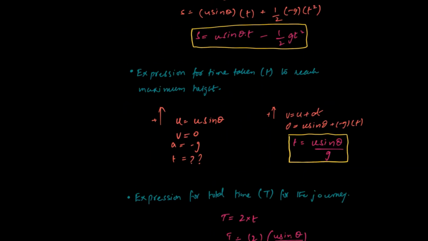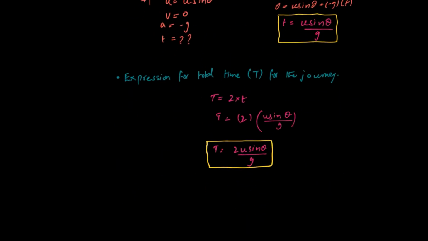Then it says expression for total time t of the journey, and the reason why we have multiplied it by 2 is because when we calculate the time taken to reach the maximum height, it is always half of the original time taken.